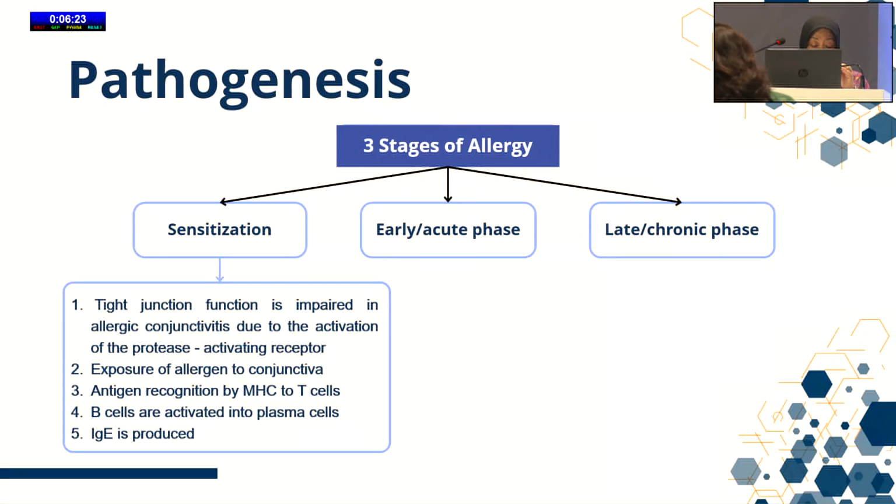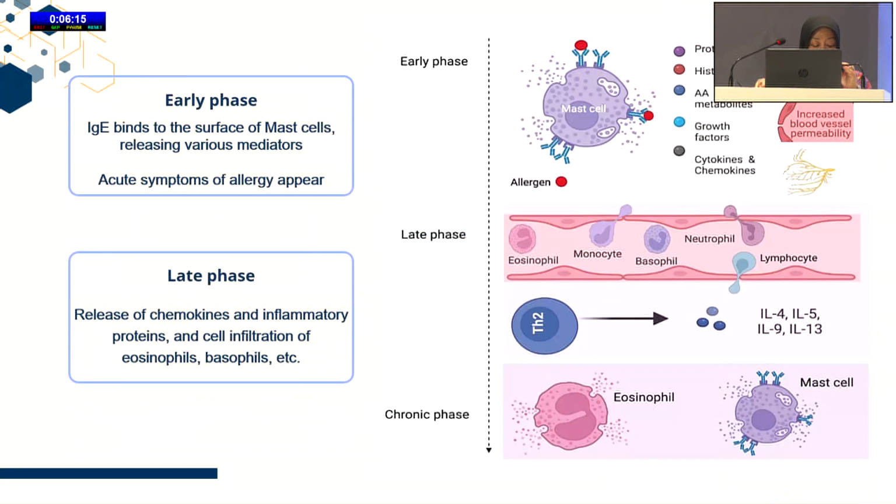And then in the chronic phase, persistent inflammation may lead to tissue damage and increased sensitivity to allergens. Allergic reactions develop in early, late, and chronic phases, involving inflammatory mediators such as histamines, cytokines, and chemokines. Understanding these phases is crucial for effective therapeutic strategies.